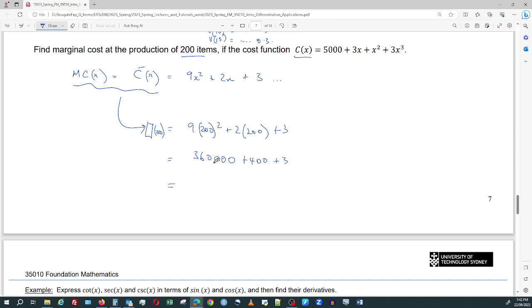So we get 360,400, 360,403. That's the cost for 200 items, if that's the correct function. So it's just a way of looking up the cost in a different context, that's all. So very helpful, very helpful.